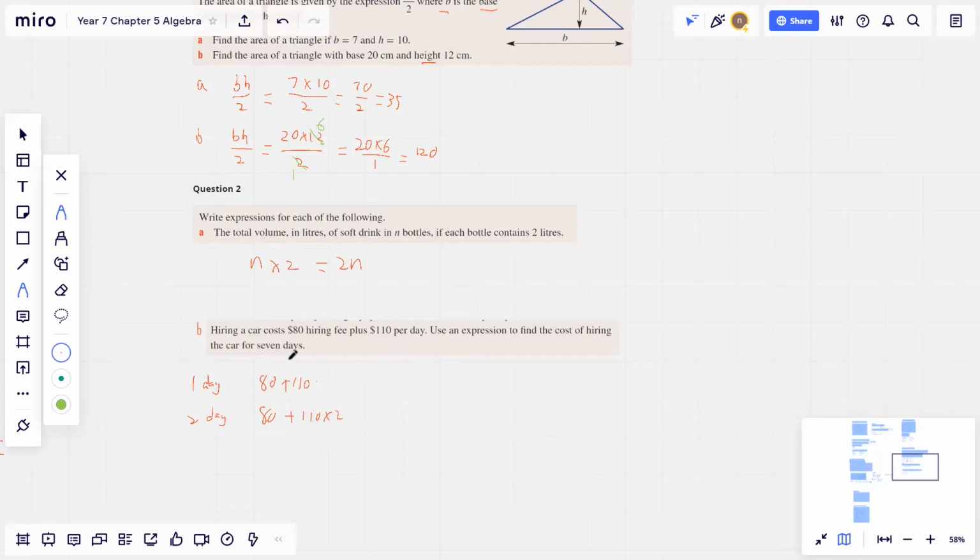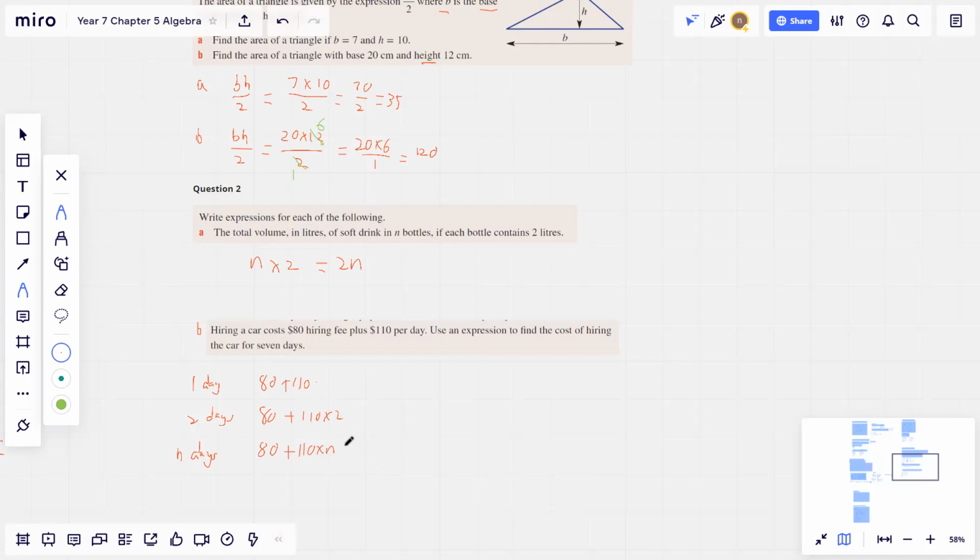Now we need to write an expression. If it's for n days, we still pay $80 because that's the hiring fee. You always need to pay this, plus 110 times n, because that's for n days.